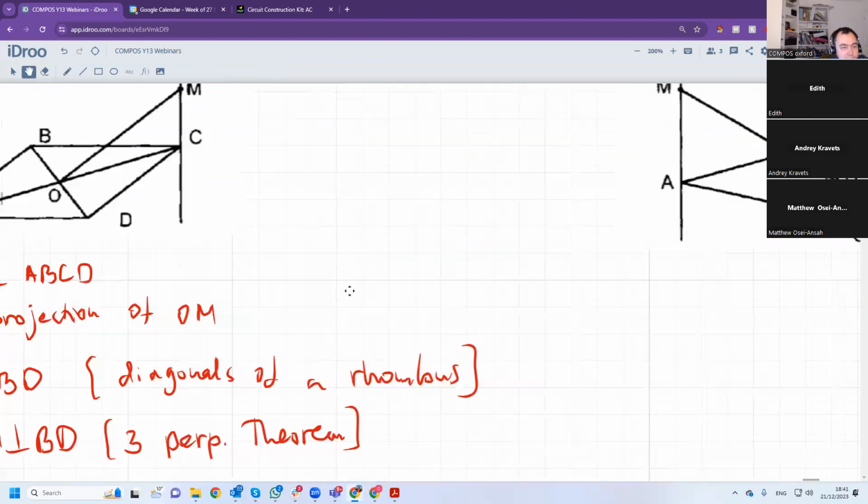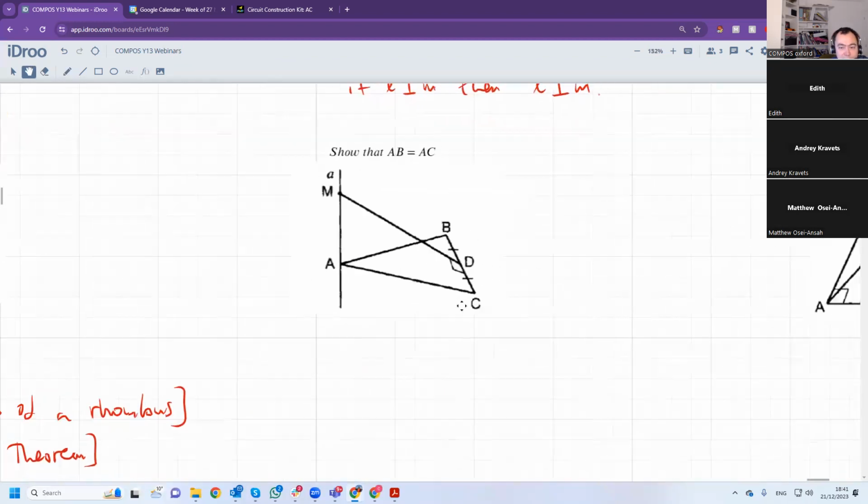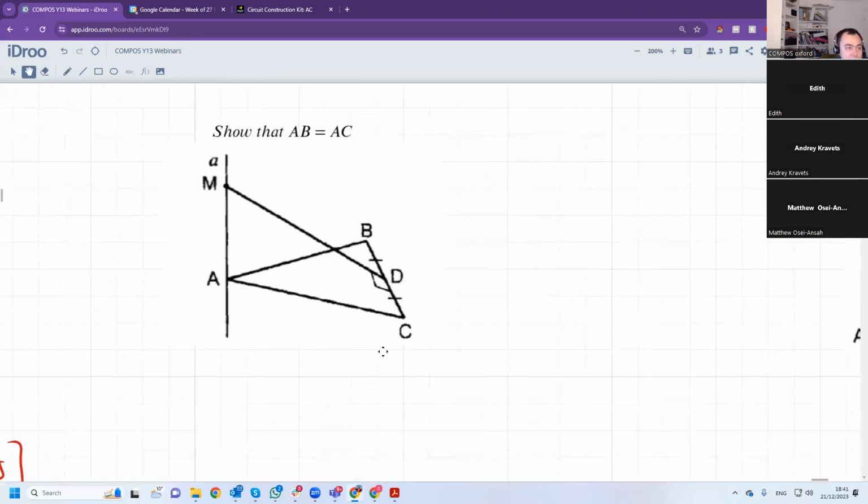All right. Next one. Show that AB is equal to AC. Basically show that this is an isosceles triangle. Okay, so it is given that MD, so AD, if we draw AD, AD is a projection of MD.